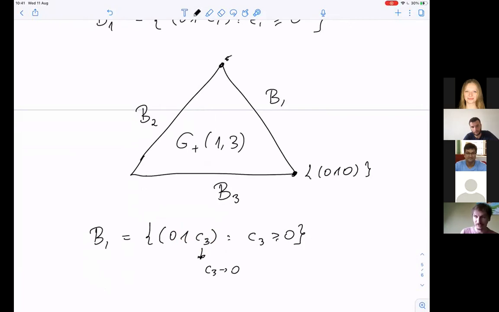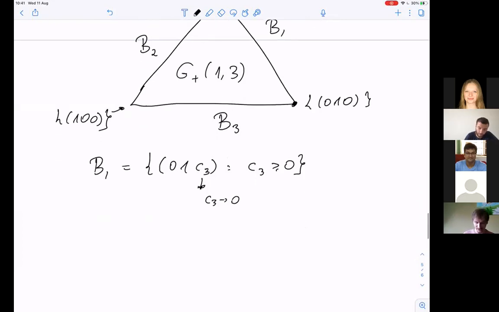This point here is just 0, 0, 1. And then this point here is 1, 0. Okay, so if I study all the boundary structure of this object, you'll realize that G plus 1,3 is just a triangle in disguise, really.